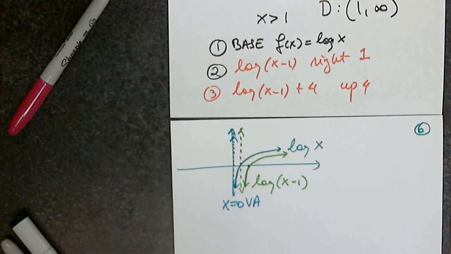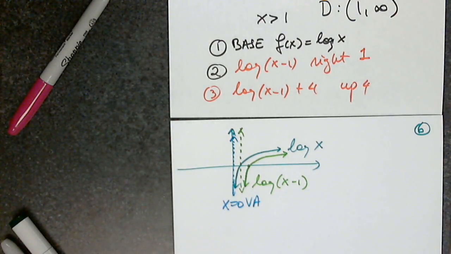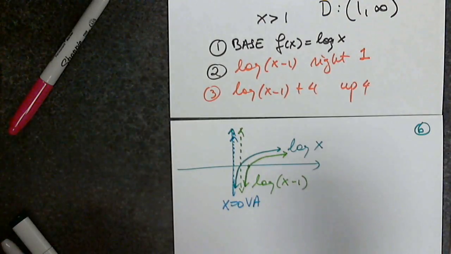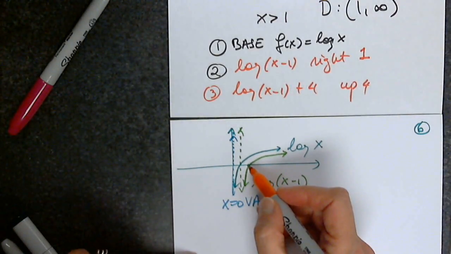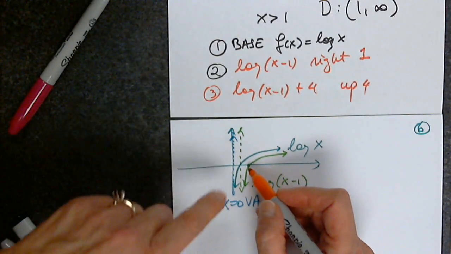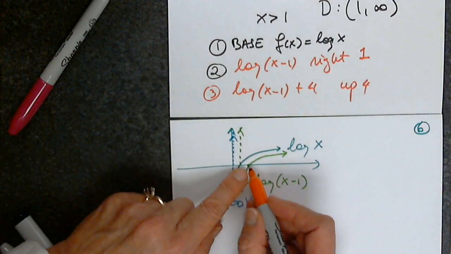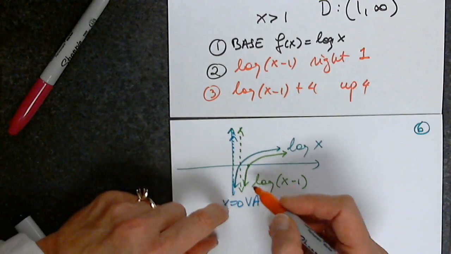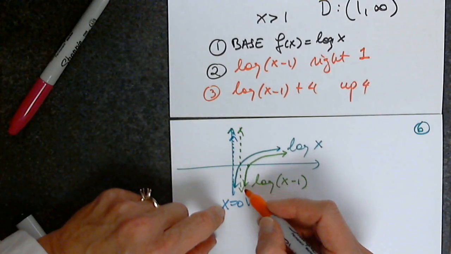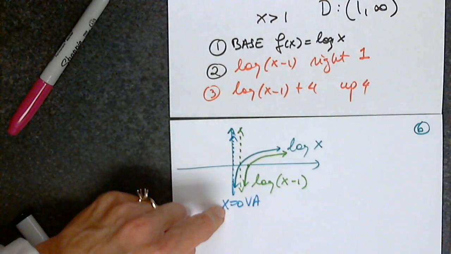Final transformation, what do I do with this graph of log x minus 1? You already told me. Now, where does that point move? So this point is at 1 comma 0. If we want to shift the graph up 4, where will this point move? So this graph, light green graph, has to move up 4.